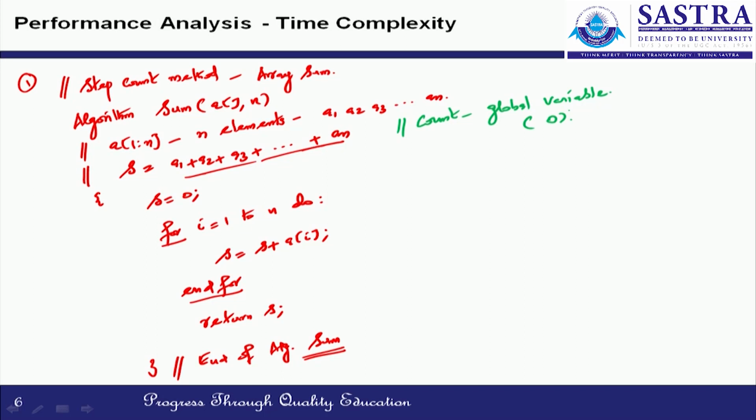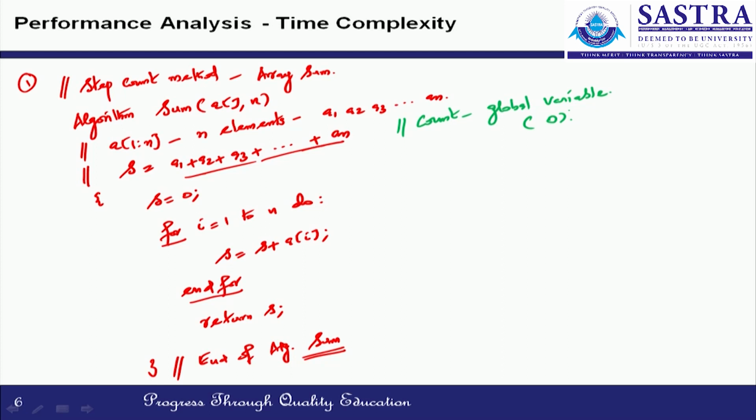Whenever we find one executable statement, that means whenever we find a program step, that is syntactically or semantically a meaningful segment of a program that has an execution time that is independent of the problem instance characteristics, we need to introduce the count. That means we need to increment the count by 1.